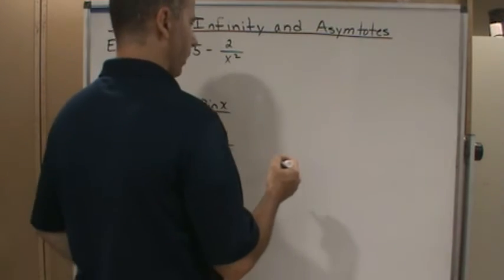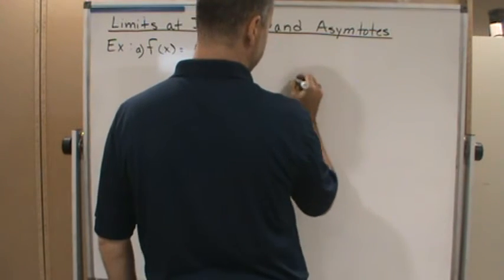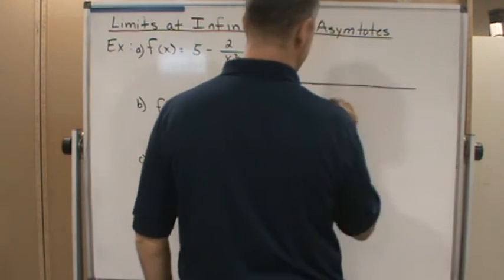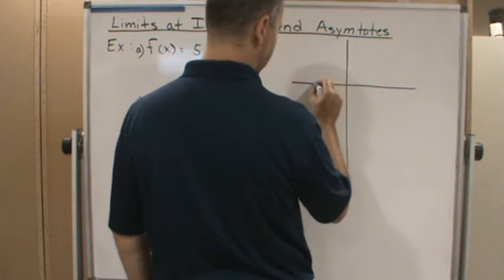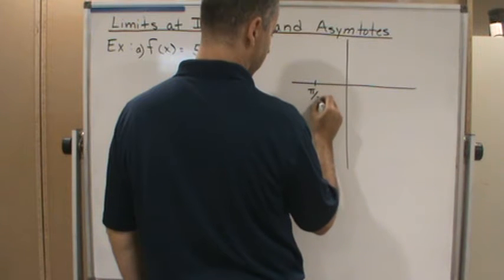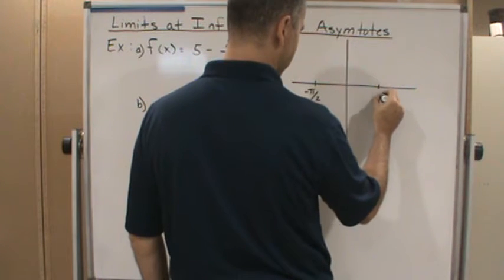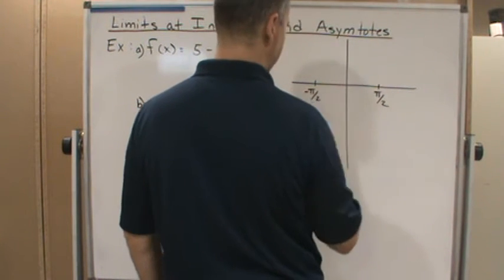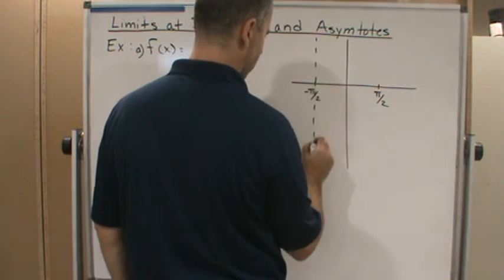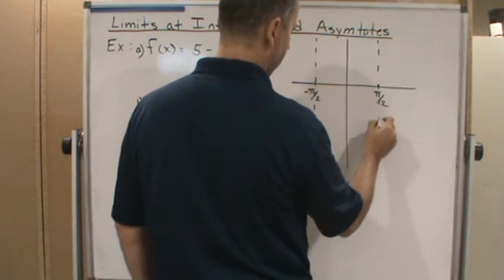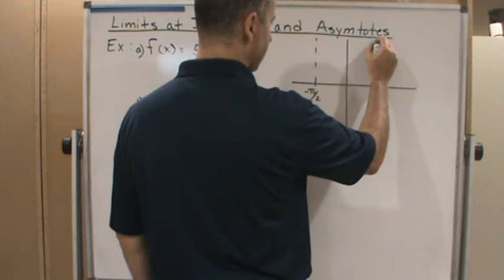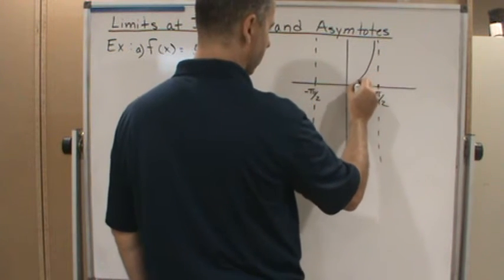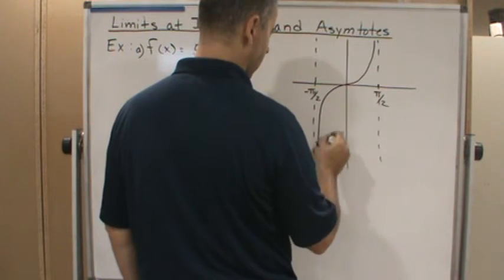The graph of tangent is defined from negative pi over 2 to pi over 2. So we have vertical asymptotes there, and we know that it does this.